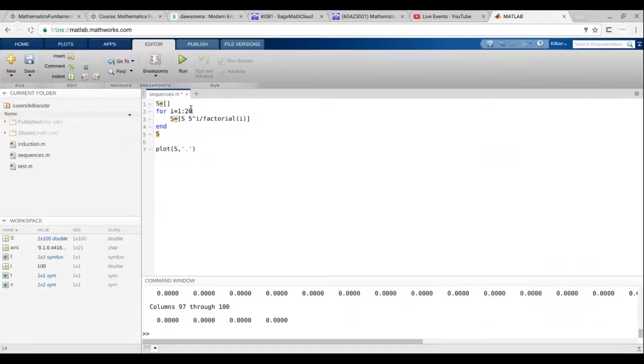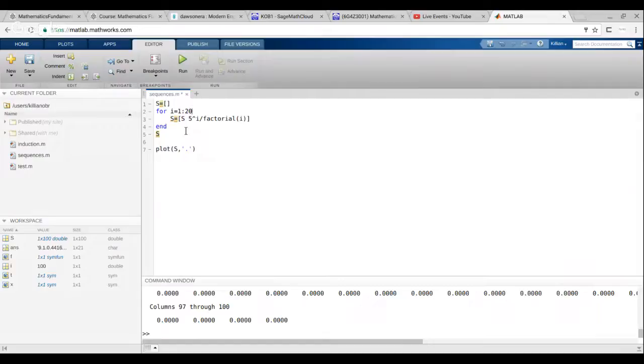And then we have a little for loop. Now, you mightn't have come to these programming constructs yet in the MATLAB course, but you will soon enough. I'm just showing you a first example here. So this is a for loop. It's going to loop through the values of I from 1 to 20. And each time, it's going to take s and redefine it. You see what the structure here is: I'm redefining s, square brackets, and I'm putting s again.